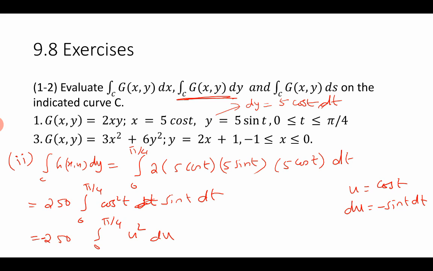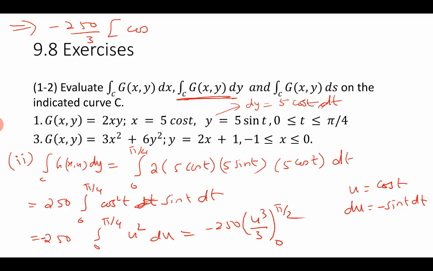Here the answer is different because u is not the same. Minus 250 into u cube over 3 from 0 to pi by 4. So we can use here minus 250 over 3. U is cosine cube t in 0 to pi by 4. Okay.